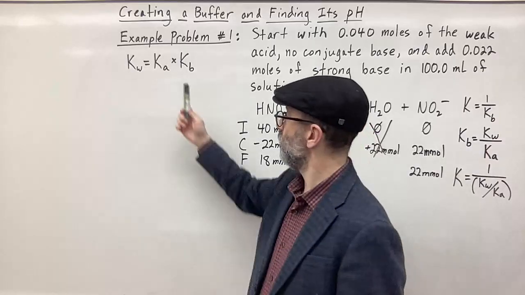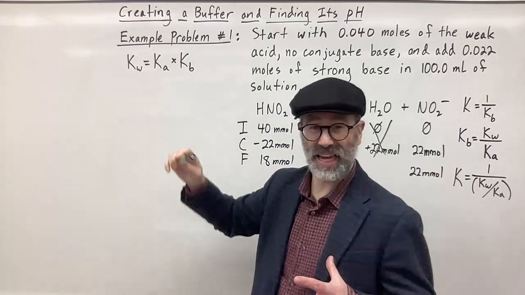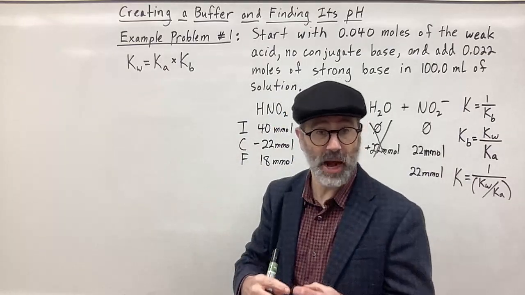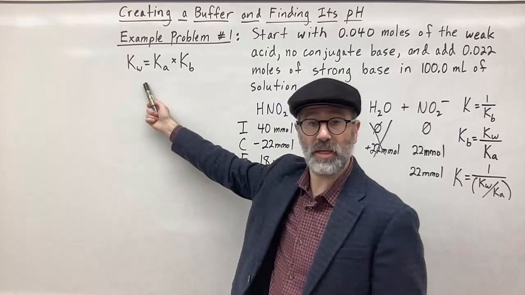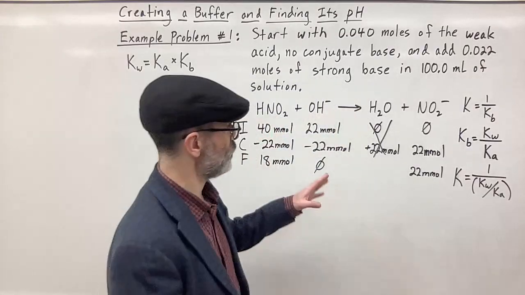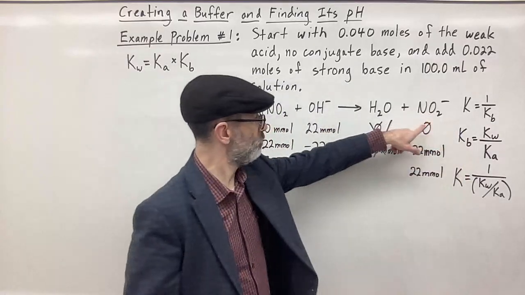These are both the Ka and Kb values of that related conjugate acid-base pair. And so Kw is equal to the Ka times the Kb, right? And we could use that to solve for Kb for NO2 minus, right?